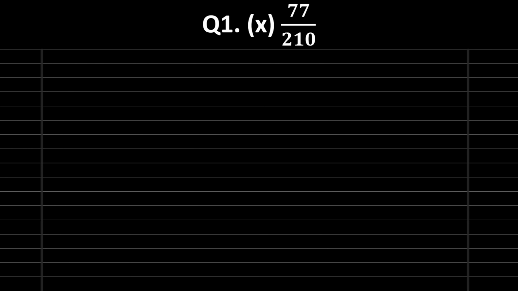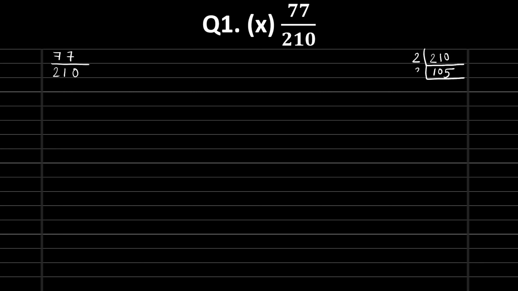It is 77 upon 210. So let's try to simplify first of all, if possible. Let's try to simplify 77 upon 210. In the prime factorization of 210, if we divide 210 with 2, we get 105 as a quotient.